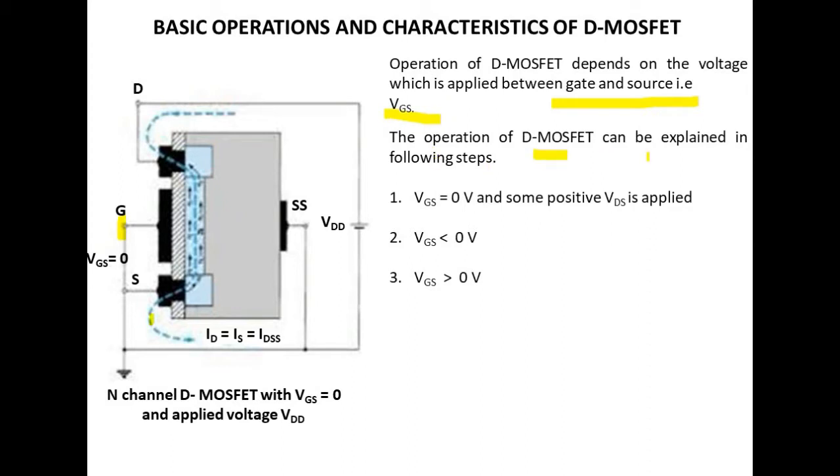Operation of D MOSFET can be explained in the following 3 steps. In the first case, we will consider VGS equal to 0 volt and some positive VDS is applied. In the second case, we will take VGS negative, and in the third, we will take VGS positive values.